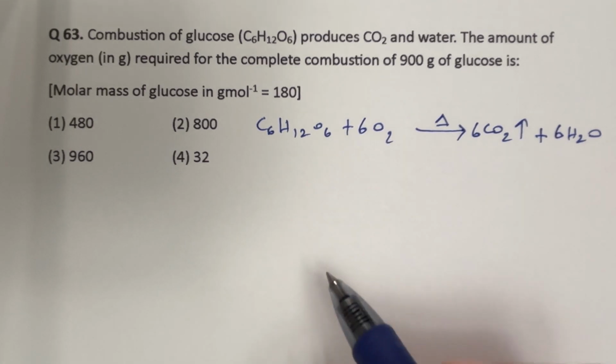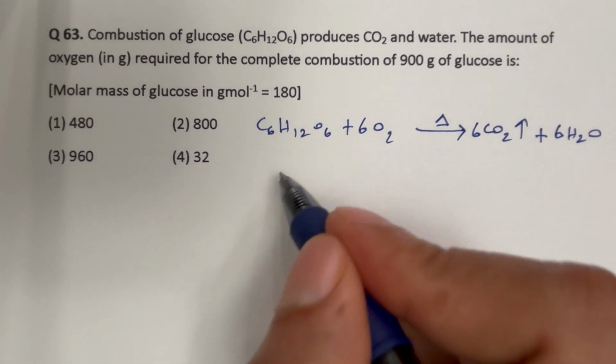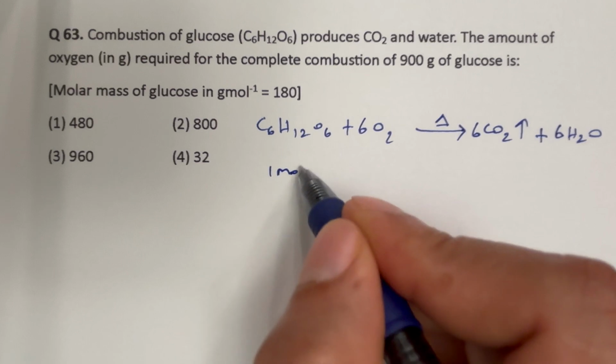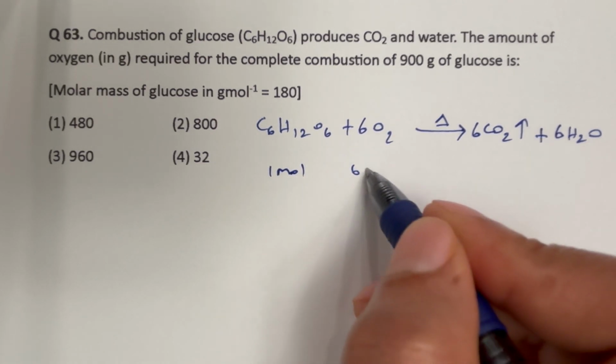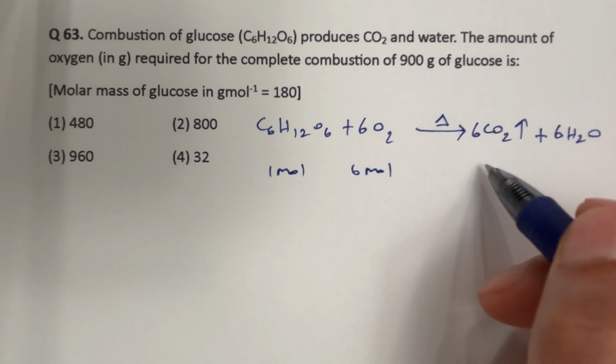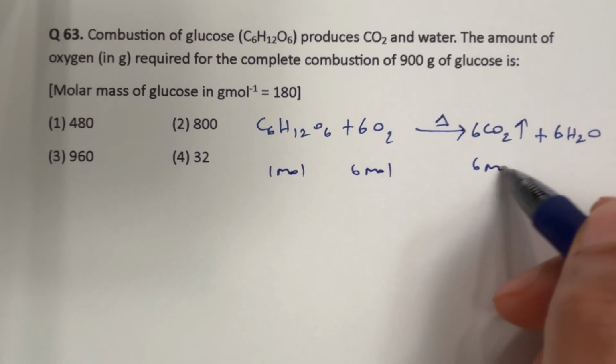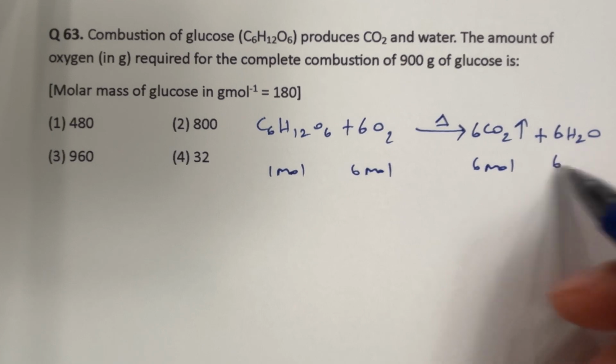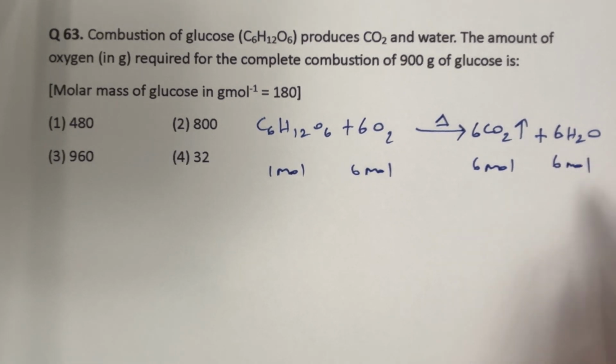12 plus 6, 18. What this means is that when we have 1 mole of glucose, we require 6 mole of oxygen for the complete combustion, so that we would get 6 mole of CO2 and 6 mole of water.